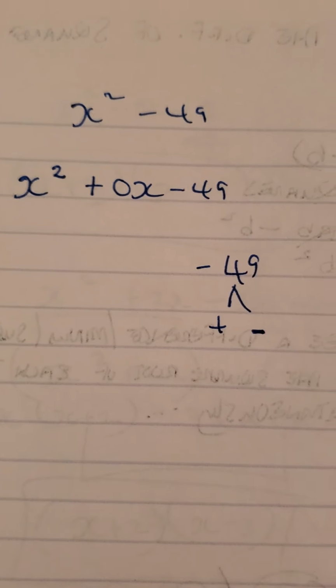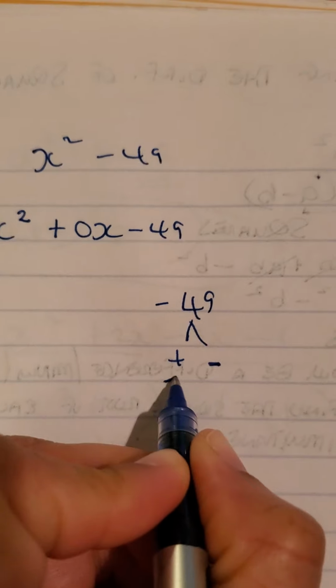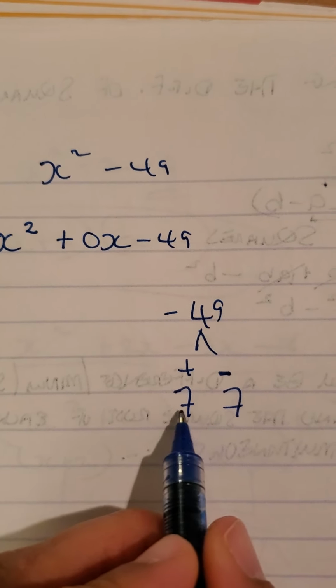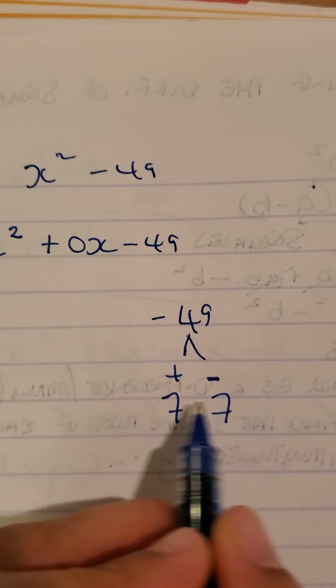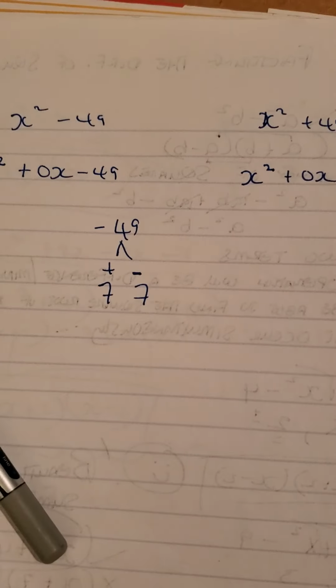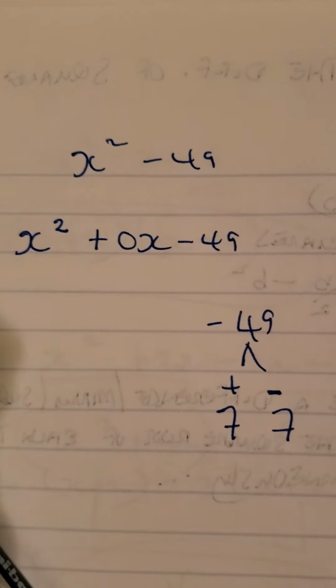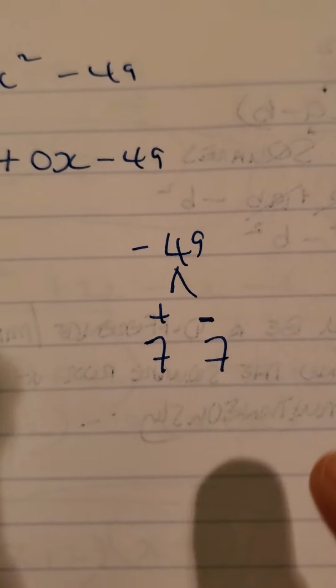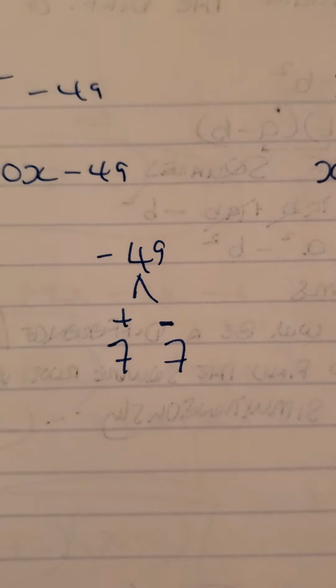We know that 7 times 7 is 49, and a subtraction must be involved. We know the factors of 49 are 1 and 49, and 7 and 7. We can't use 1 and 49 because that'll give us 48.